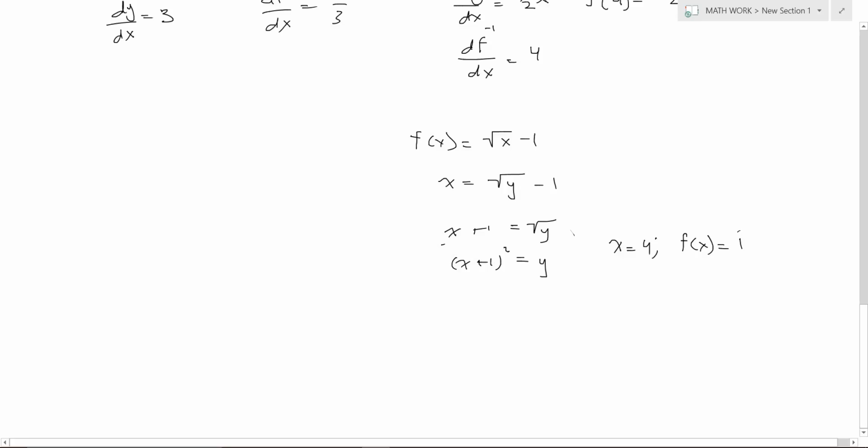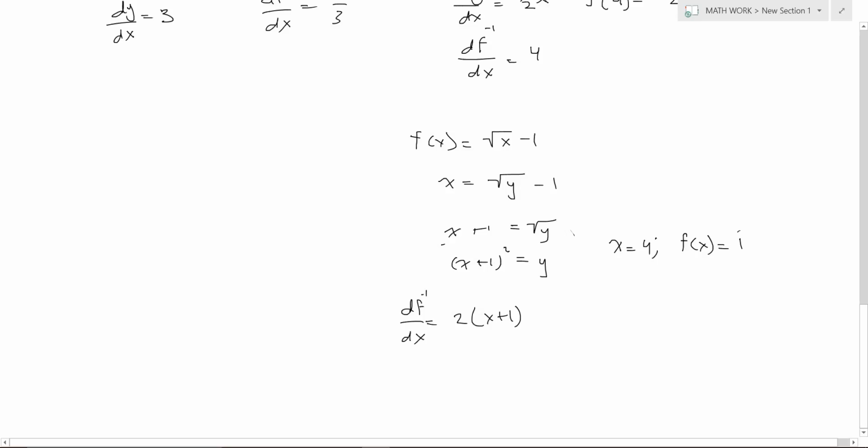So if we differentiate the inverse function, it equals 2 times x plus 1, times 1.